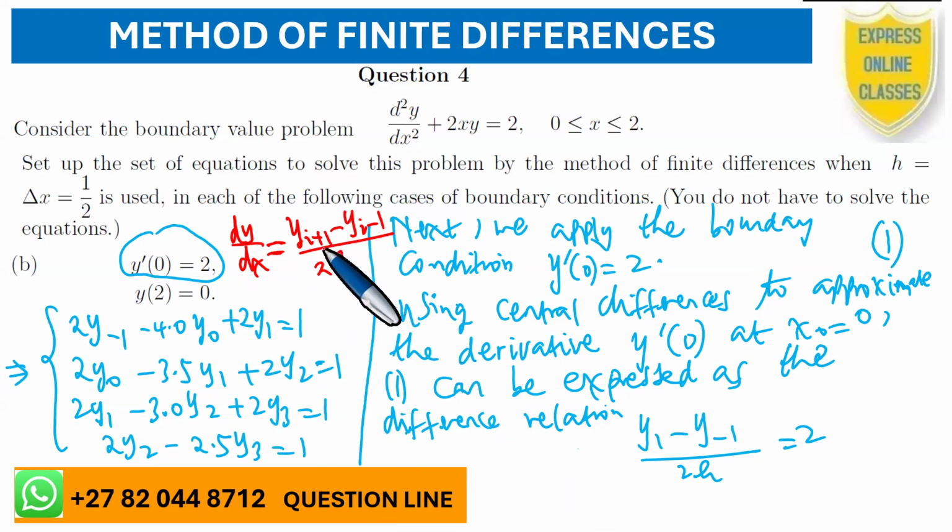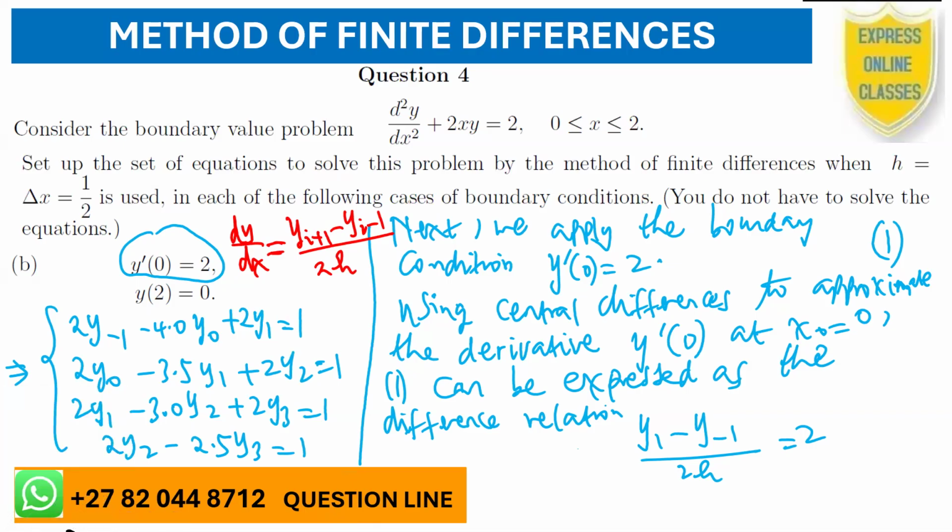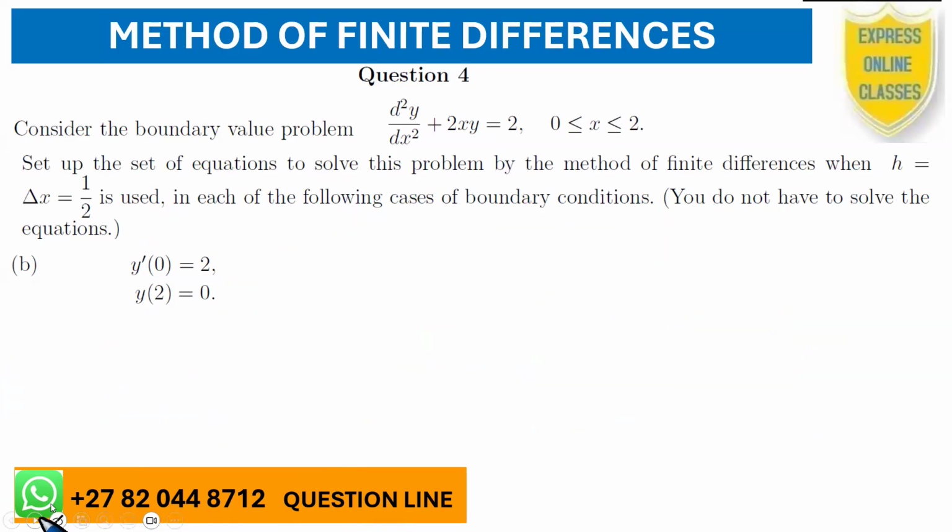So now if we make i 0 in this, we're able to get y1 minus y subscript minus 1 divided by 2h. We have exactly that.